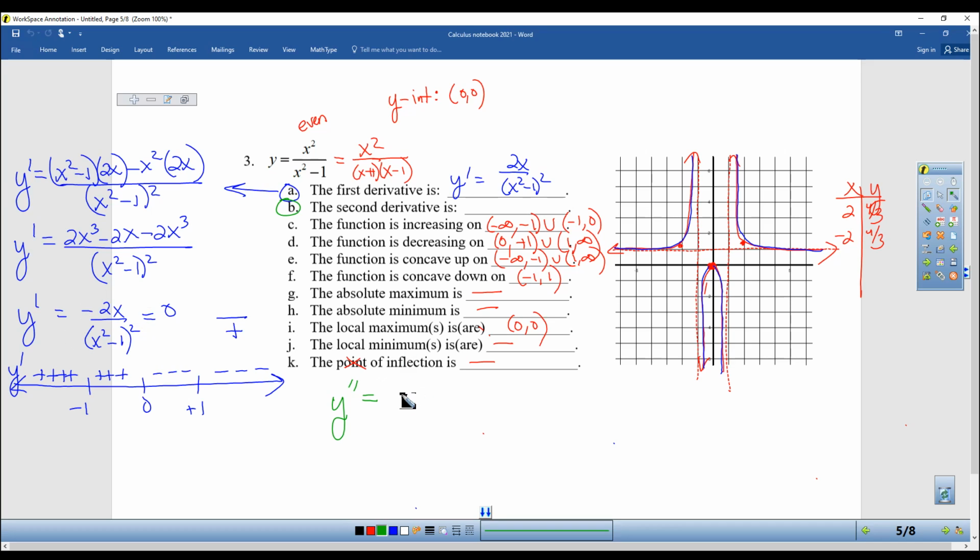So I have to do the bottom, x squared minus 1 squared, times the derivative of the top, minus the top, negative 2x, times the derivative of the bottom, which is 2, times x squared minus 1 to the first, times 2x, all over x squared minus 1 squared.